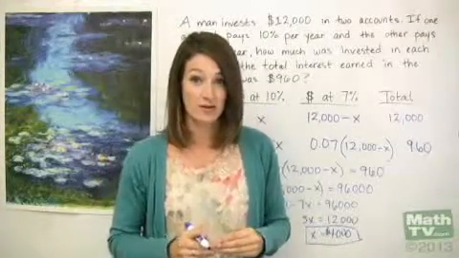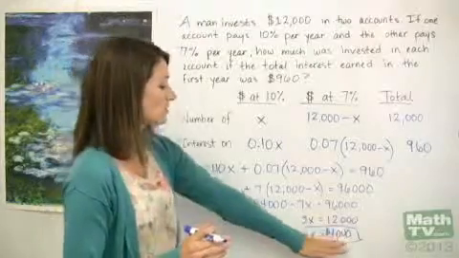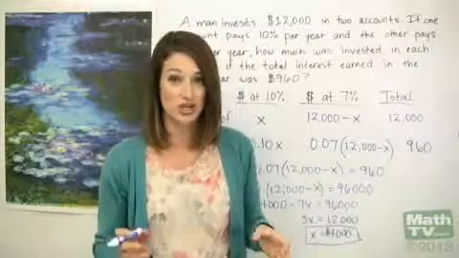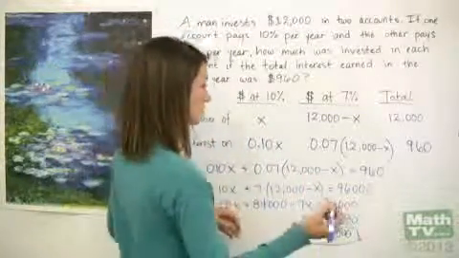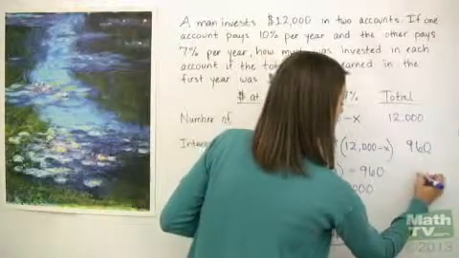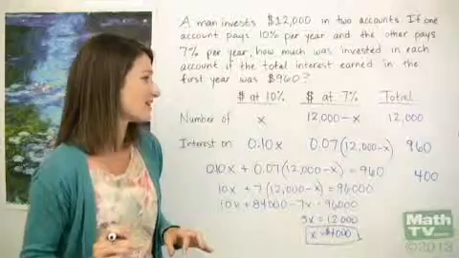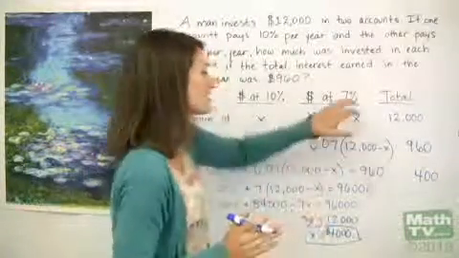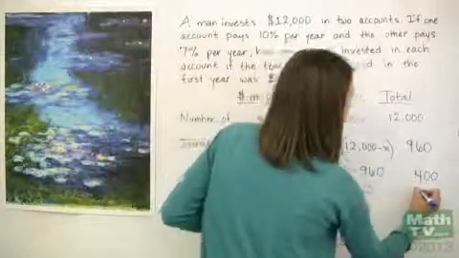So the last step of the blueprint is to check our answer. And so using our first account, $4,000 is in there. It pays 10% interest per year. So we take 10% of $4,000, which is $400. So let's write it over here. If we have $400 of interest paid on that first account in that first year, the second account, $8,000 is in there. 7% of that $8,000 is $560.